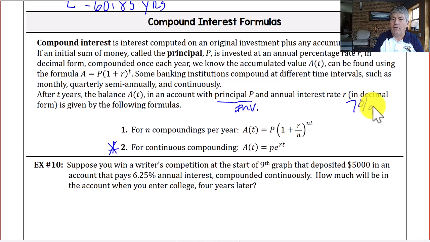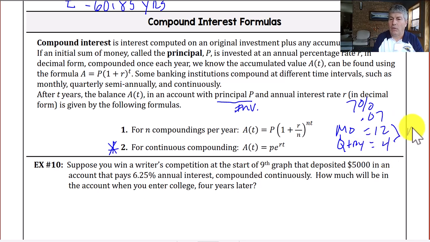So 7% would be 0.07. n is the number of compoundings. So if you're getting something compounded monthly, it would be 12 compoundings, or quarterly would be 4 compoundings. So those are the different n's. Weekly compounding would be 52 compoundings.